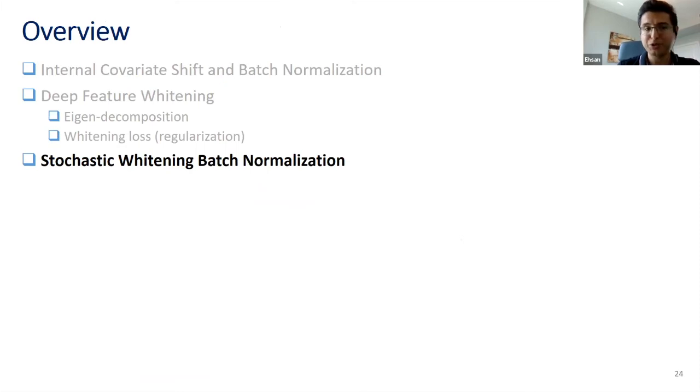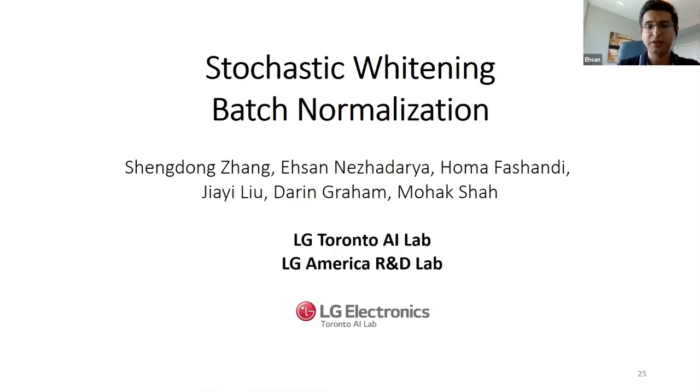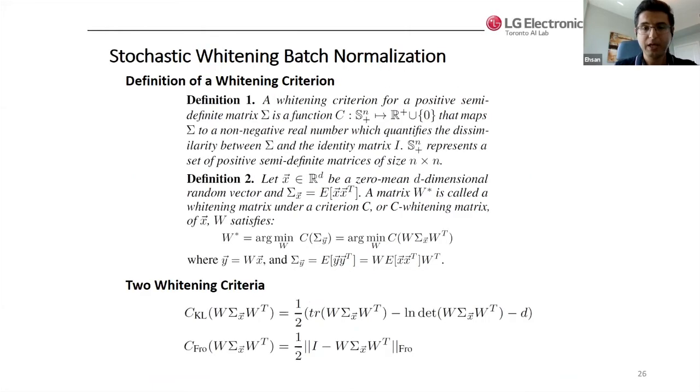Next, I'm going to talk about our proposed method, stochastic whitening batch normalization. This one was mainly worked on in LG Toronto AI Lab in collaboration with LG America R&D Lab. The main idea here is that we're defining some whitening loss, or what we call a whitening criterion.